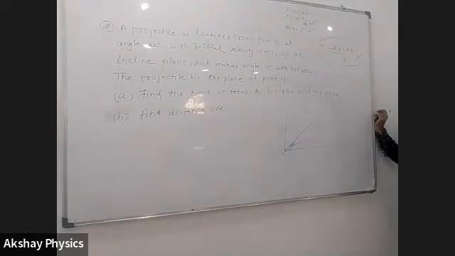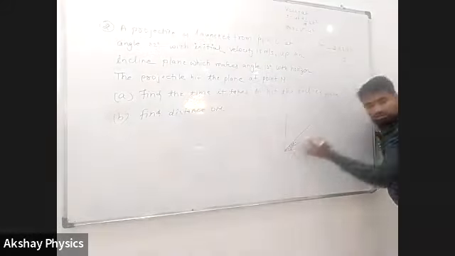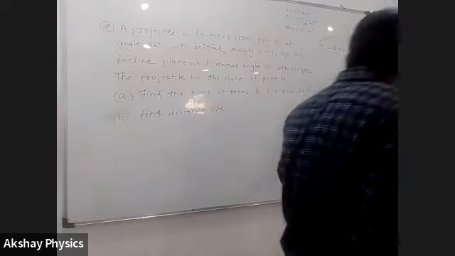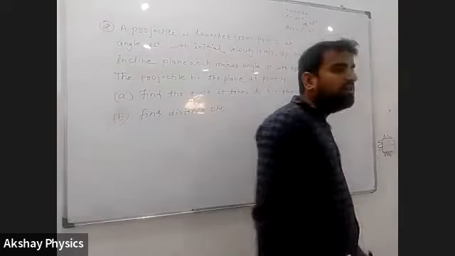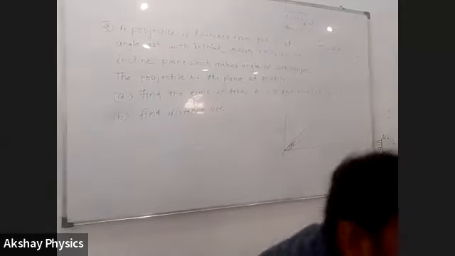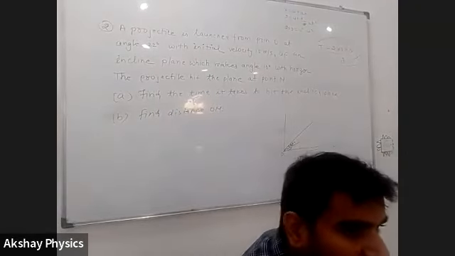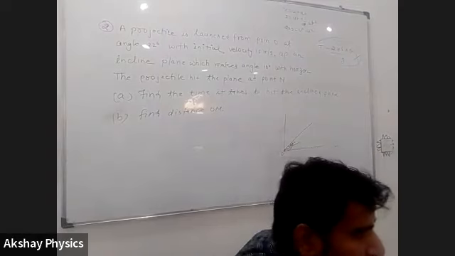So total angle it is making 32, and this falls at a point M. So you have to find what? OM, it's O to M. The range you will find, and the time you will find.